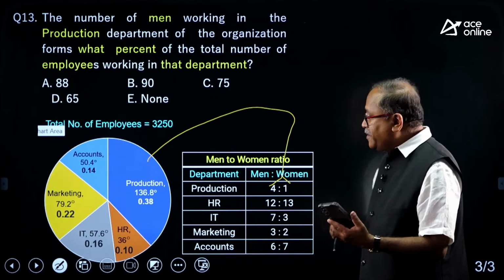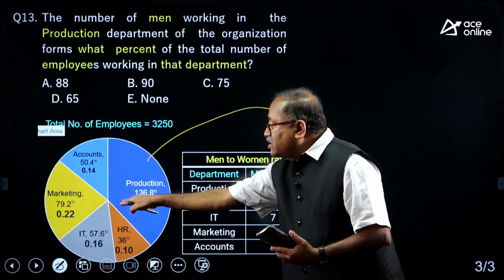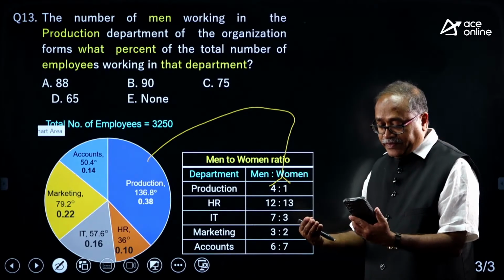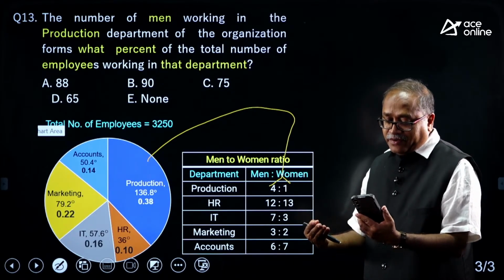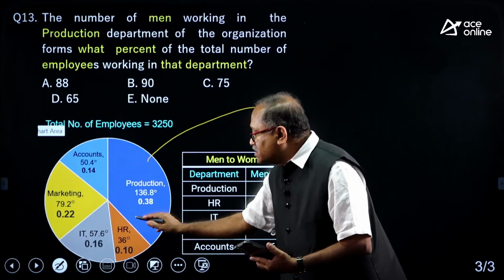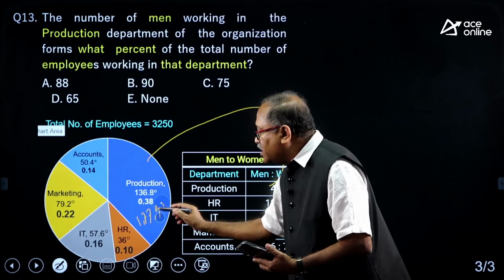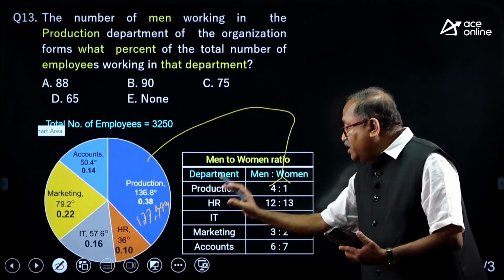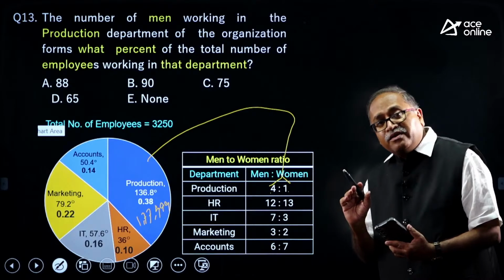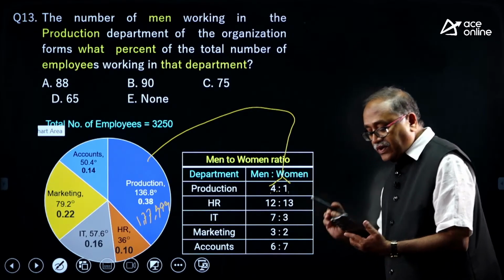In a production department, men is what percentage of the total people working in the production department? Whatever this number is, finally out of which the number of men is 4 parts and the number of women is 1 part.